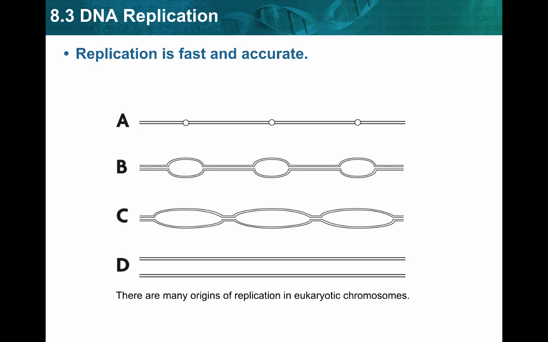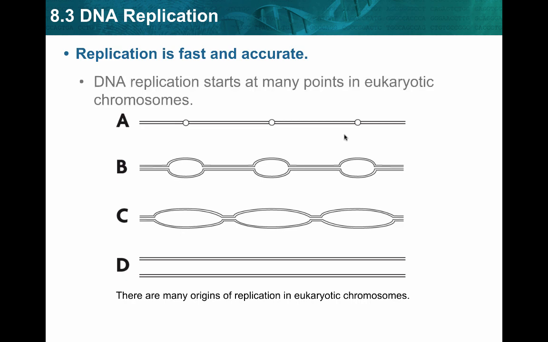Now the process of replication is very fast and it's also very accurate. For all the information that has to be replicated, it's amazing really how very few pairing mistakes are actually made. But if you look at this image, A is showing us these little bubbles here where replication starts.